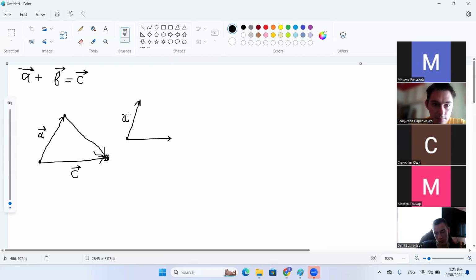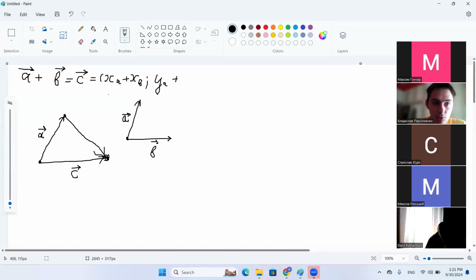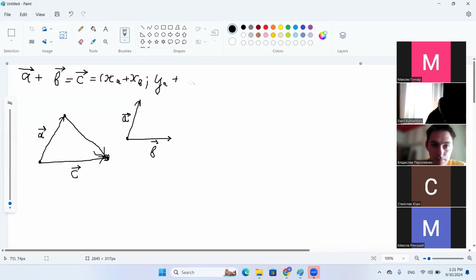Add coordinates: xa plus xb, and accordingly we can find the coordinates. Yeah, that's correct, but how to demonstrate it graphically? So how can we show it? If we use the triangle rule, actually we will use this formula.